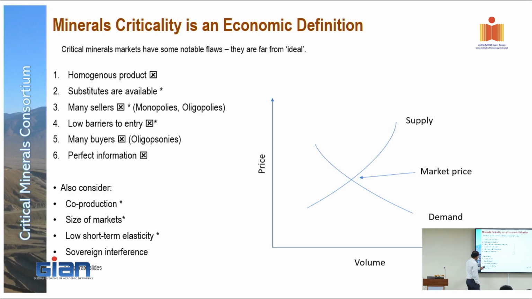So, sovereign interference, low short-term elasticity. Short-term elasticity means there's not much flexibility. If you don't get it in the short term, you can't find an alternative, right? In the long term, yes. As we were talking, Tesla is now considering completely getting away from rare earth magnet-driven motors, right?